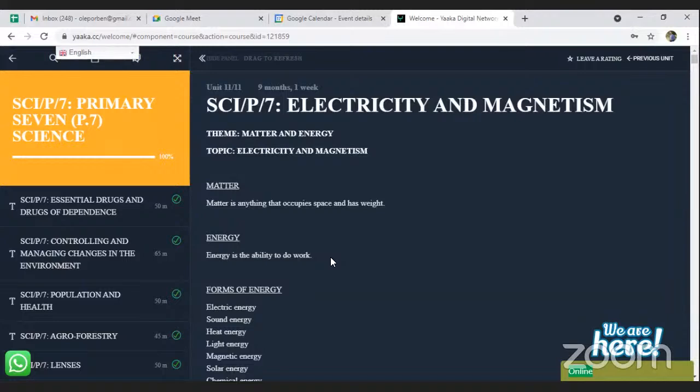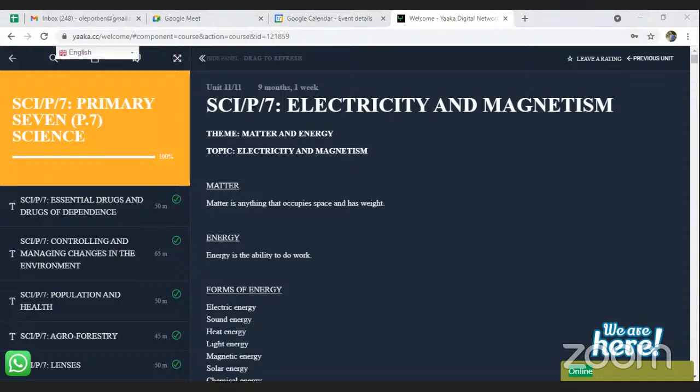So we shall have to adopt a new way of defining the term electricity. We shall simply say electricity is a form of energy.